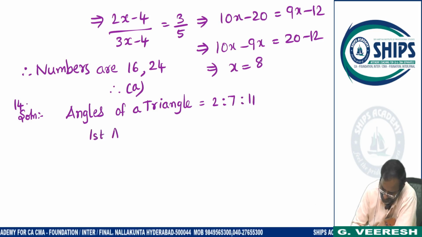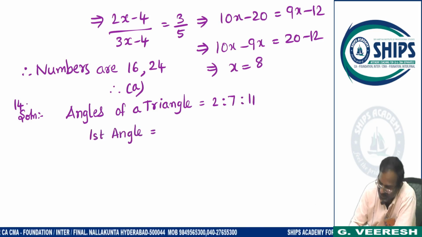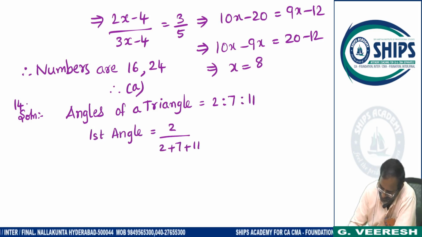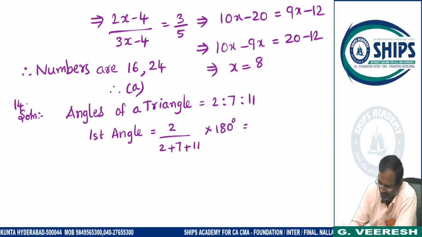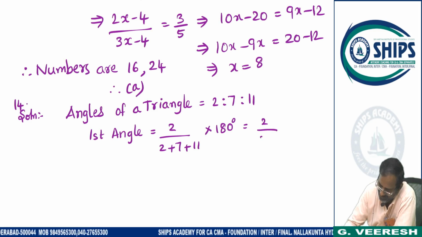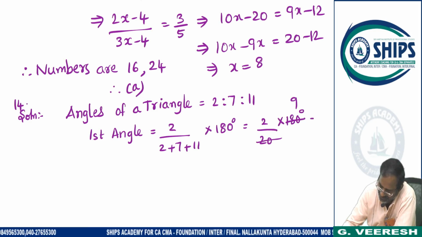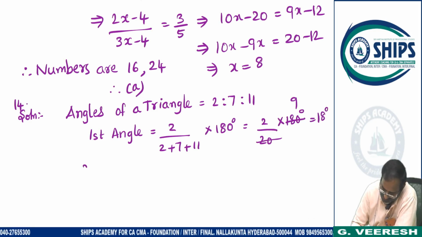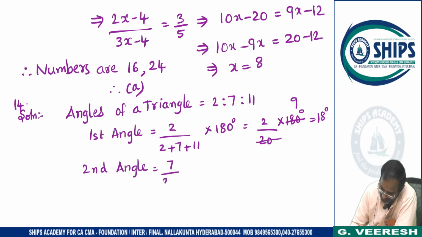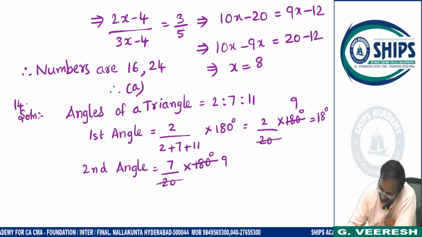So for the first angle, we take each value divided by the total, into 180. Total is 2 plus 7 plus 11, that is 20. So 2 by 20 into 180 is 18. Second angle, 7 by 20 into 180, it is 63.